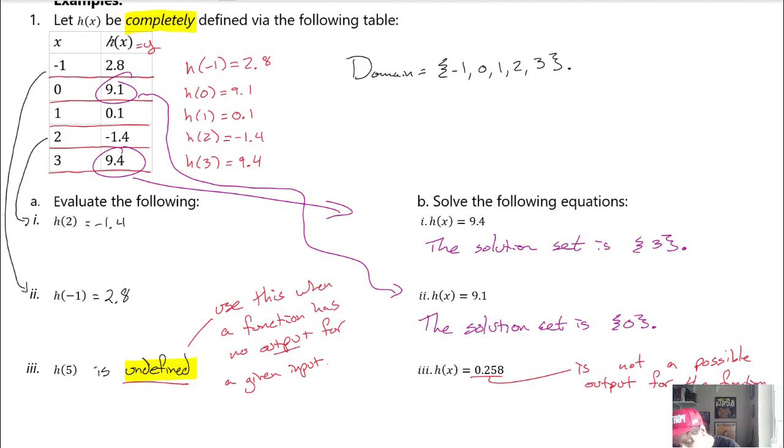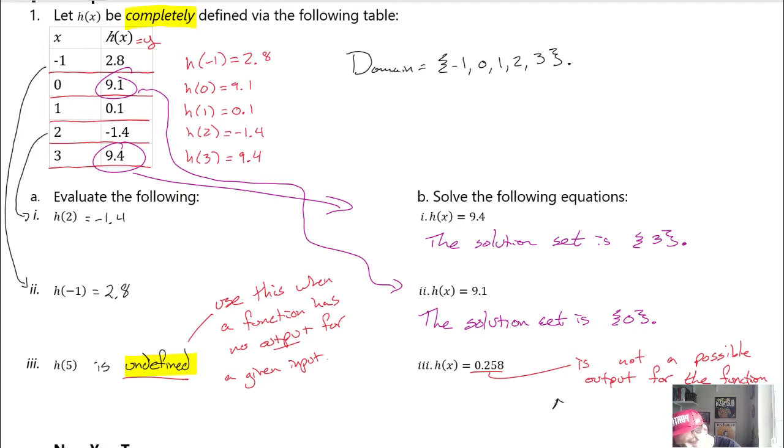Right, if we look down that second column, we have 2.8, 9.1, 0.1, negative 1.4, and 9.4. And none of those are 0.258. So we say here that there are no solutions, and the solution set is empty.